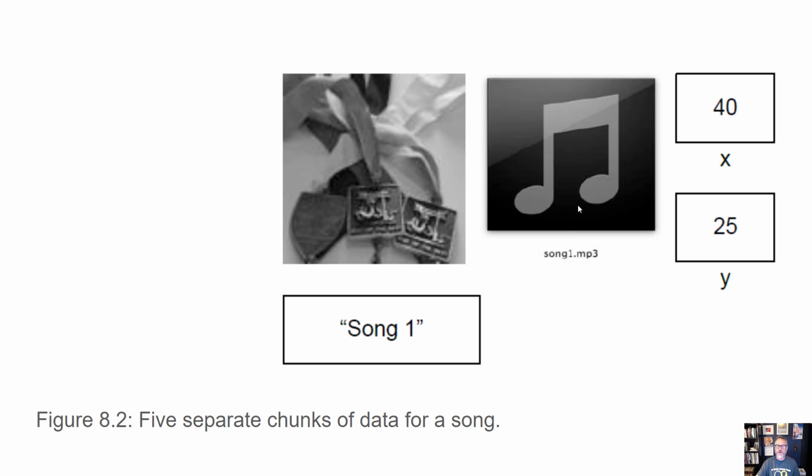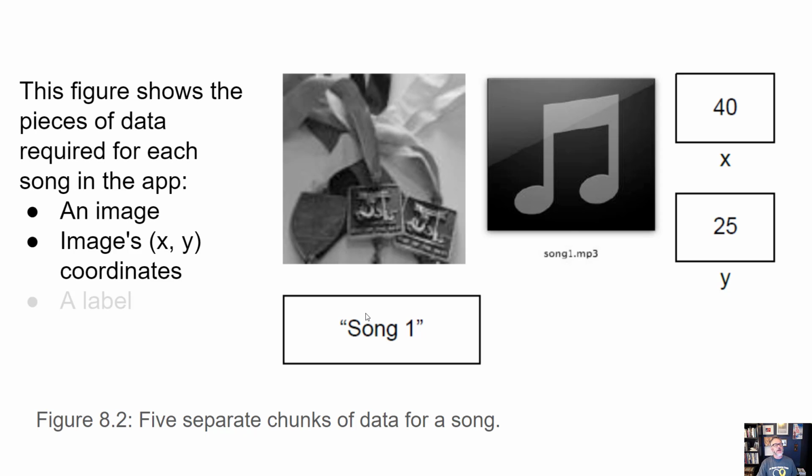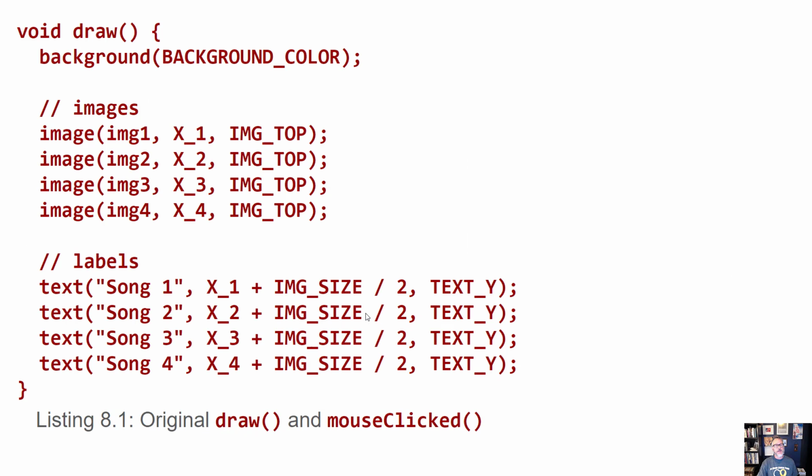And then we have the song itself, which really is invisible, but represented externally to the user by the picture and the image. Okay? And those are all in that program that we had before. Those are all separate pieces. And so what that led to is code that looked sort of like this.